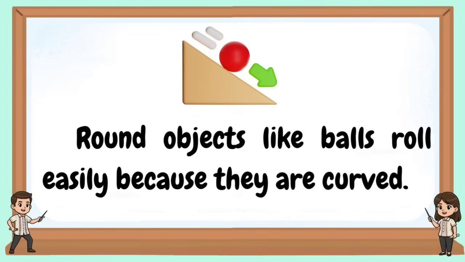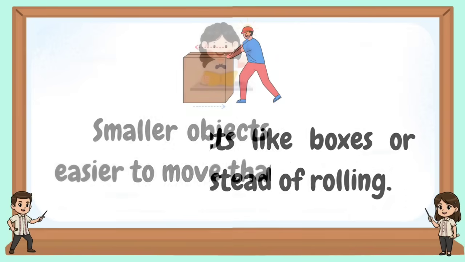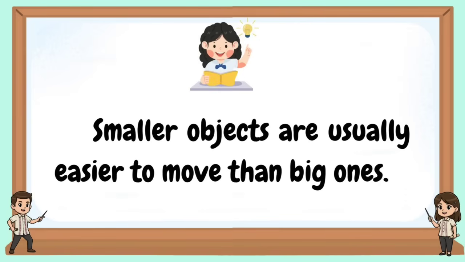Round objects like balls roll easily because they are curved. Flat objects like boxes or books slide instead of rolling. Smaller objects are usually easier to move than big ones.